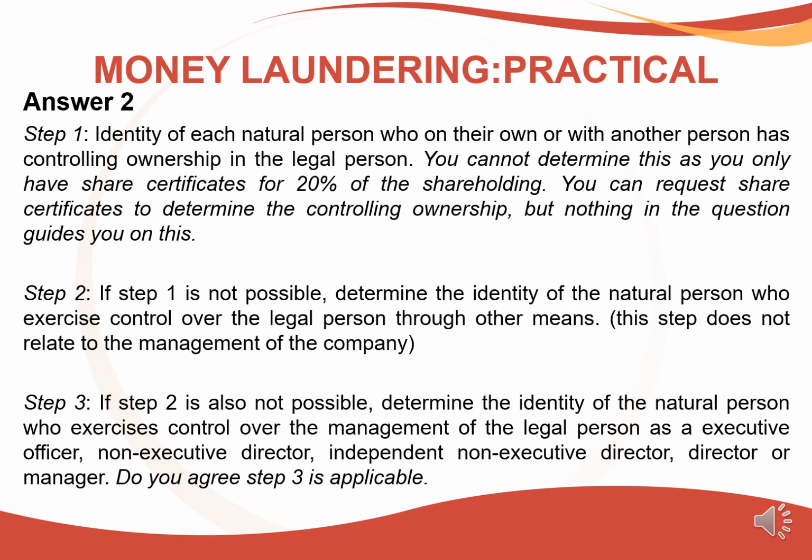So you go and you determine the identity of the natural person who exercises control over the management of the legal person, so the company. So that would be an executive officer, a non-executive director, an independent non-executive director, or director or manager. Now, for step 3, do you agree with me that here we are dealing with 3 people?